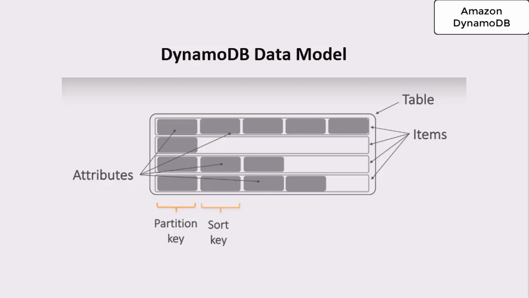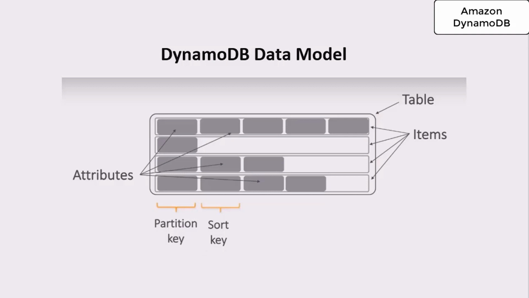After that, the most important thing that comes to our mind is the partition key. We should have a partition key in each database table, because that uniquely identifies the items in the table. So the partition key is mandatory in this case.